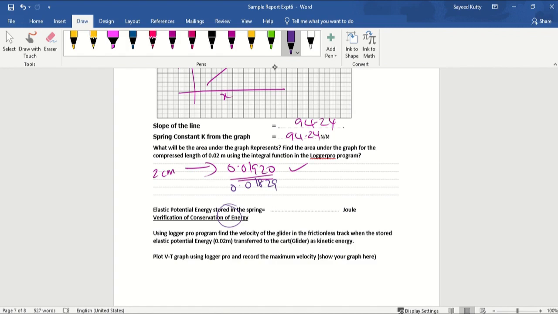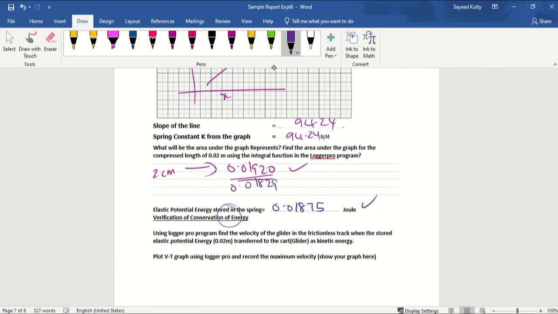Finally, you write that value, the final value. So it will be 0.1920 plus 0.1829 divided by 2. When you add, you will get 0.01875 joule. So this is the mean value.